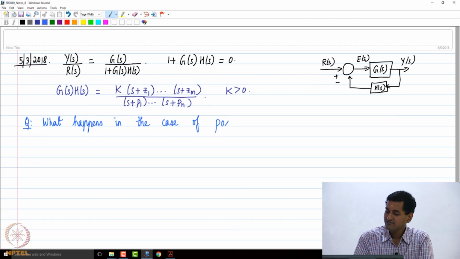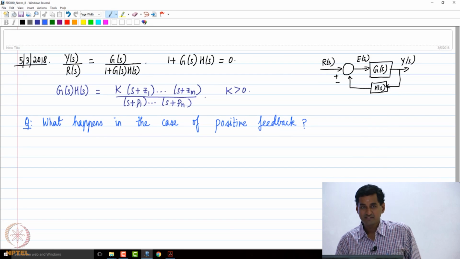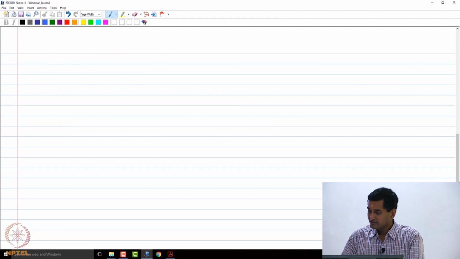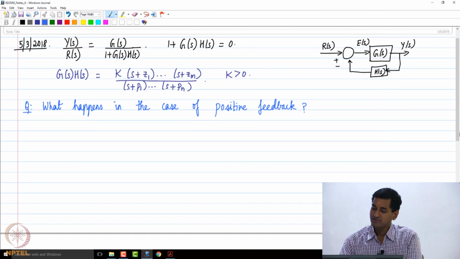Suppose we had positive feedback with everything else remaining the same: the structure of G of s H of s being k times s plus z1 to s plus zm divided by s plus p1 to s plus pn, and k being positive. So if we had the same structure, the only difference being that instead of negative feedback we had positive feedback, how is this block diagram going to change?